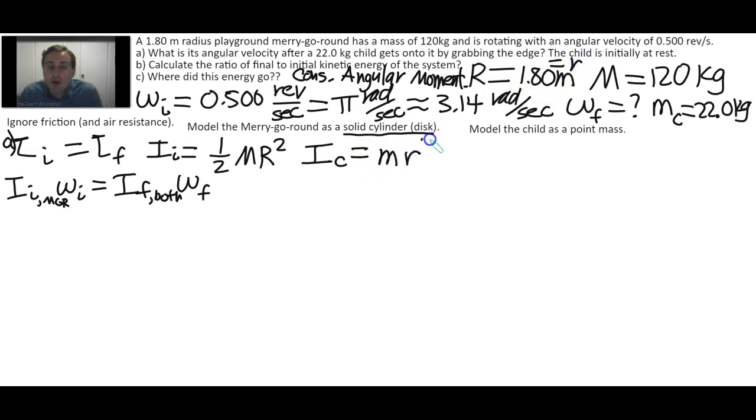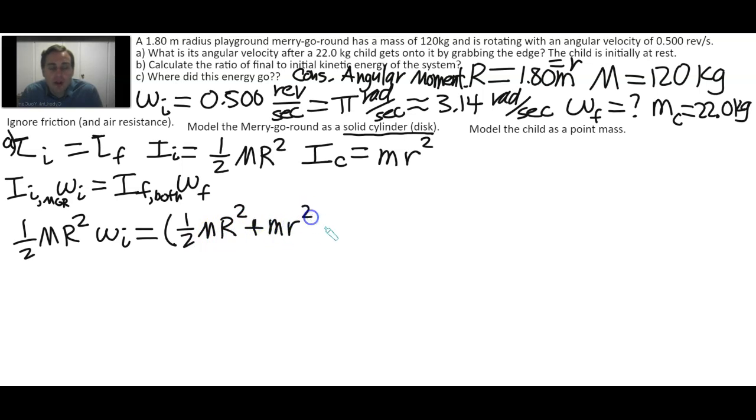That's just m r squared. Little m, little r squared. So this rotational inertia of the merry-go-round should be 1/2 big M, big R squared times omega initial equals, let's put this in parentheses since it's both of them, 1/2 big M, big R squared plus little m r squared. Okay?